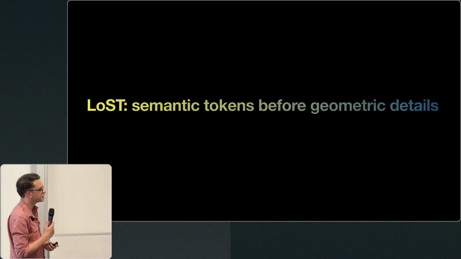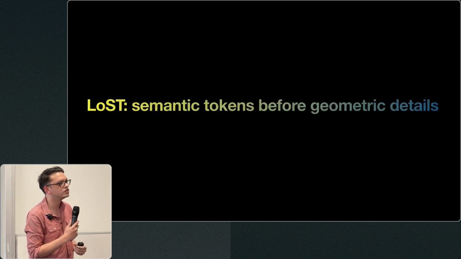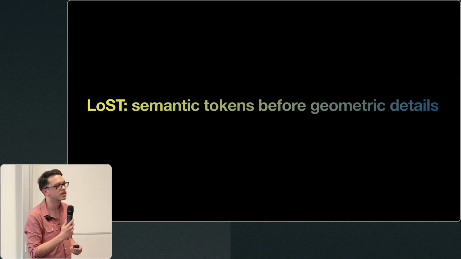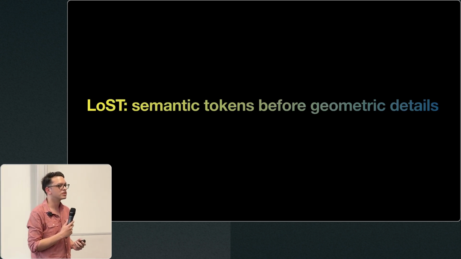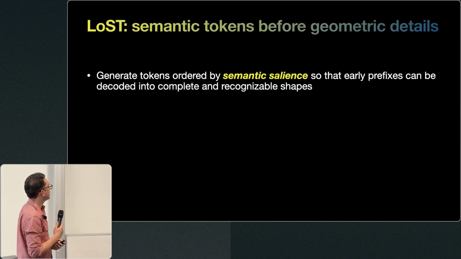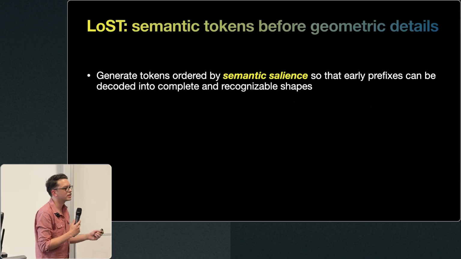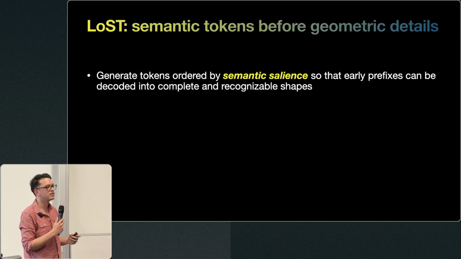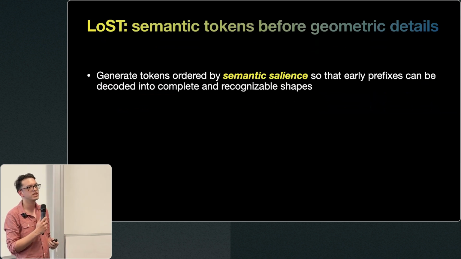So in this paper, what we explored is how we can use semantics to generate completely recognizable shapes from very few tokens. We do so by ordering using semantic salience, so that even the very few tokens at the start represent a complete object.